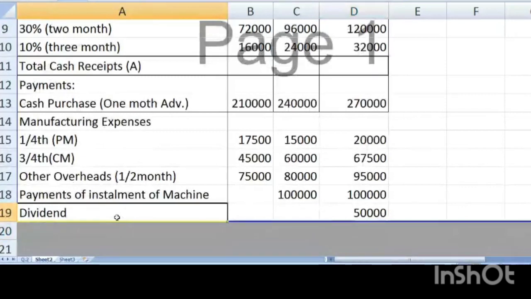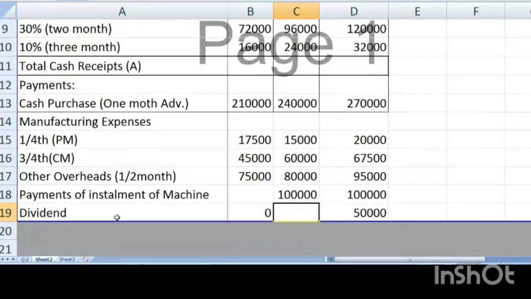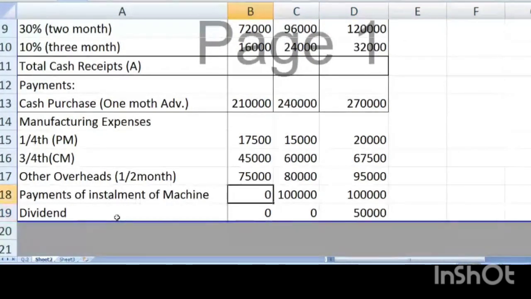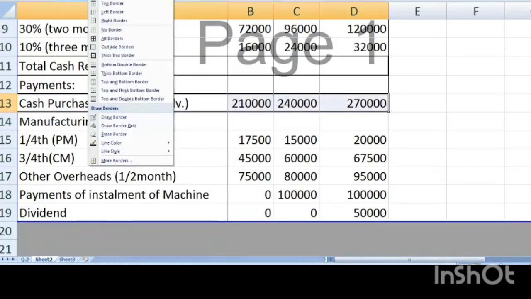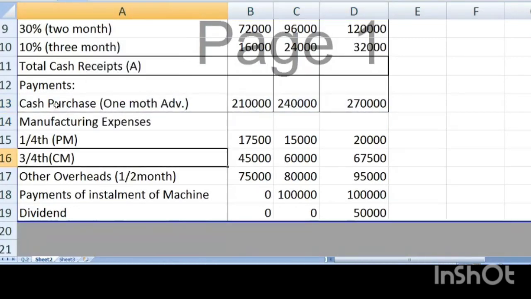In this month it is 0, nothing else. And here is also 0. Okay. Got it, everybody? So this is over for now. I think all the points we have covered.